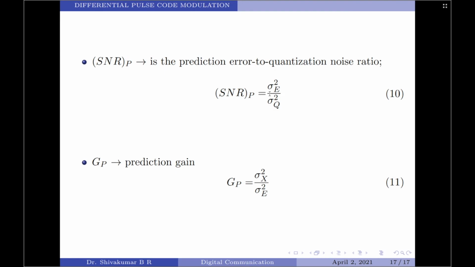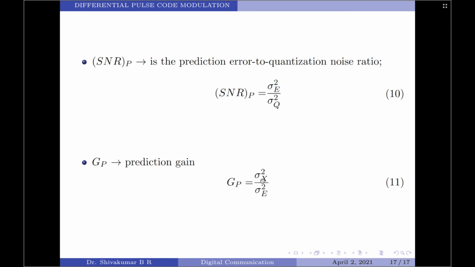So, sigma e square divided by sigma q square is called the prediction error to quantization noise ratio. On the other hand, we have Gp, which in fact denotes the prediction gain produced by the differential quantizer scheme, which in fact is DPCM, and this is given as sigma x square divided by sigma e square.